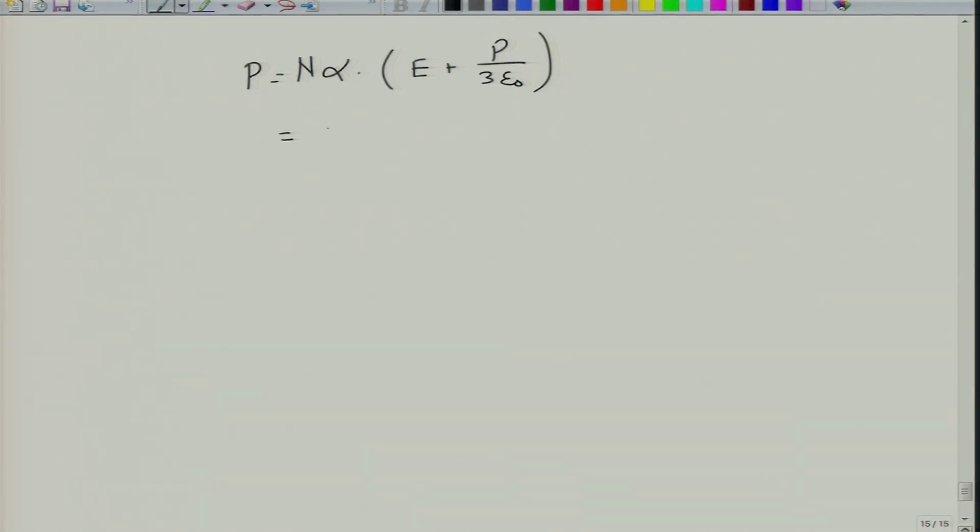So this will become n alpha E plus n alpha P divided by 3 epsilon naught.